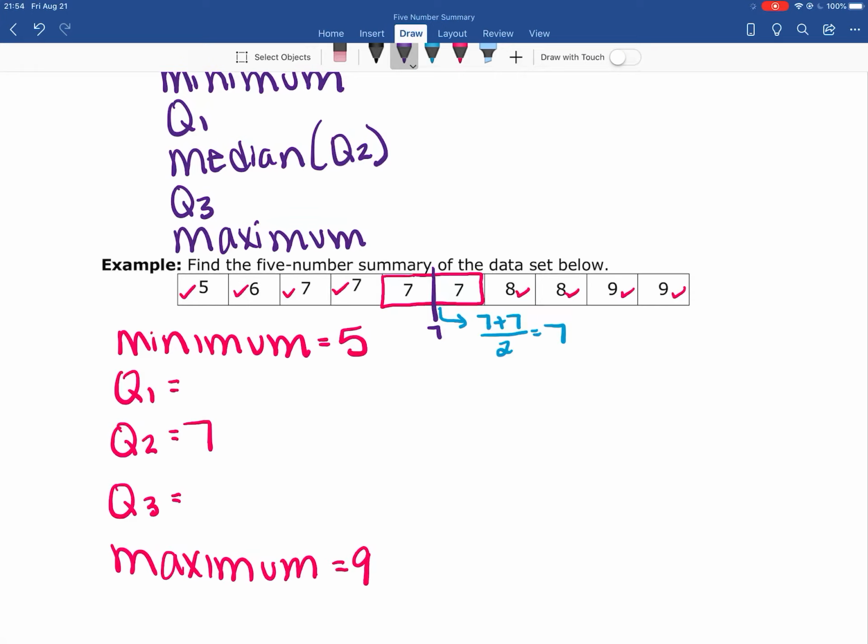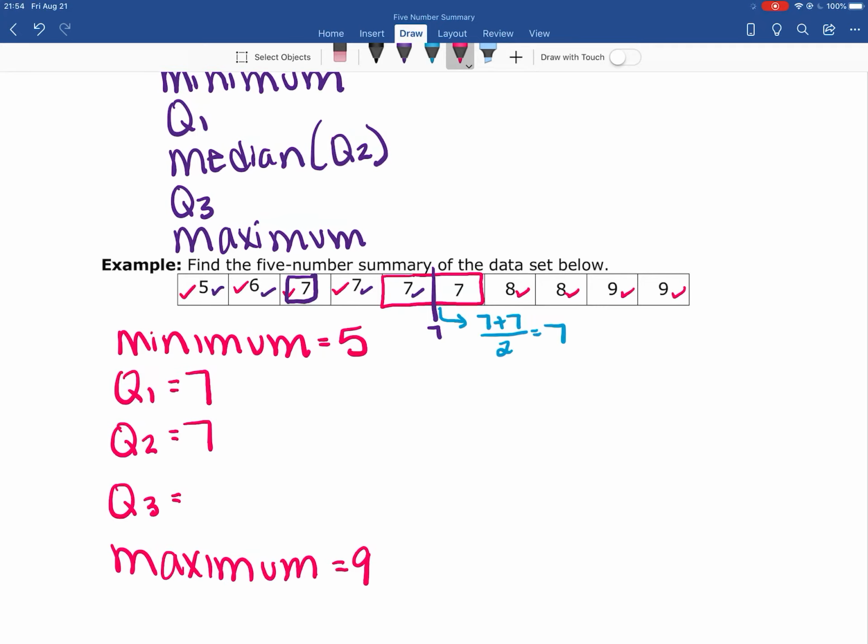Now I'm going to look at the numbers that are less than that. So that's the 5, 6, and then the 7, and the third 7. Now I'm going to find the median for this half. So we've got 5, 7, 6, 7, and then we've discovered that we have a Q1 that is also the number 7.